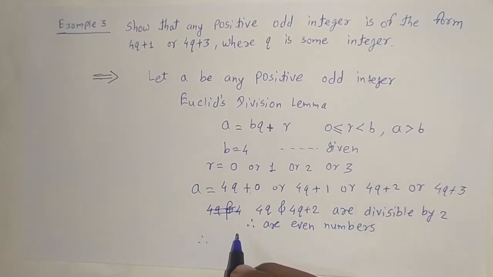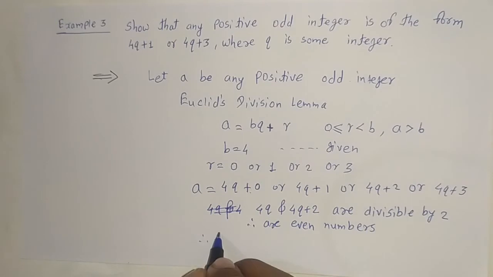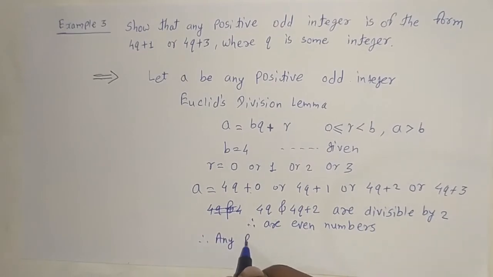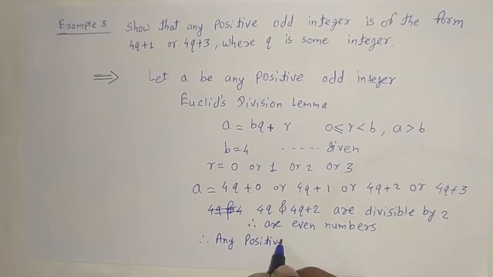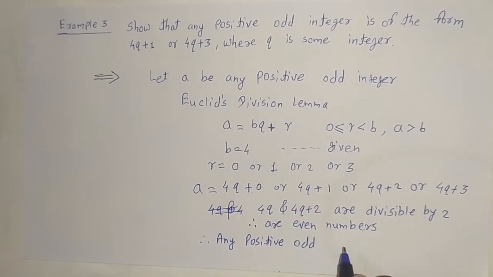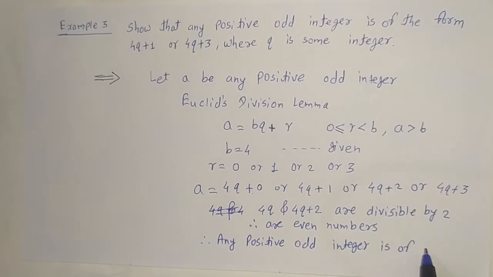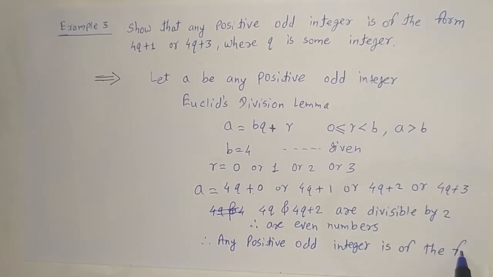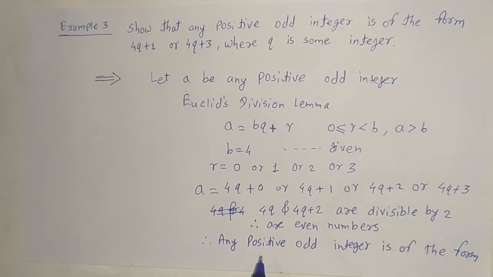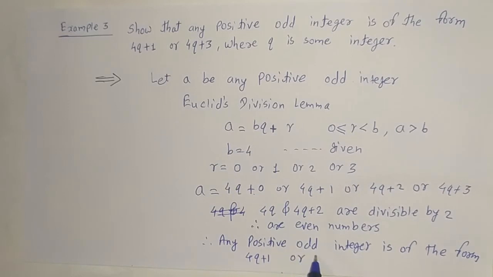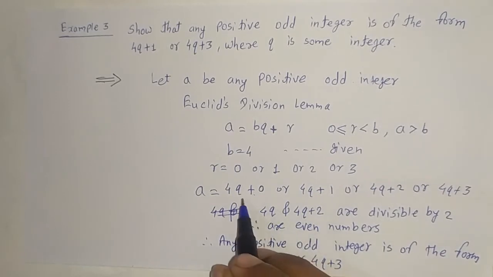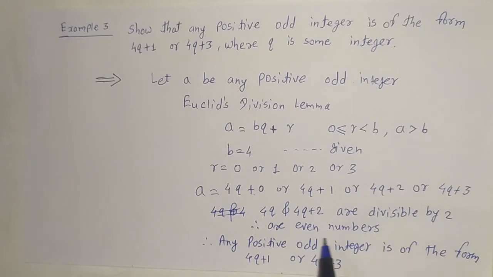Hence any positive odd integer is of the form 4q plus 1 or 4q plus 3, because 4q and 4q plus 2 are even numbers.